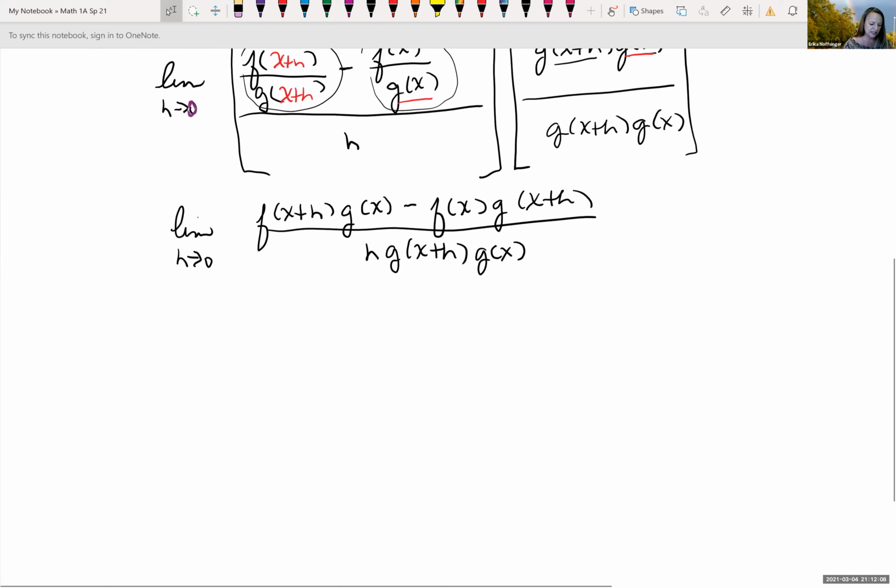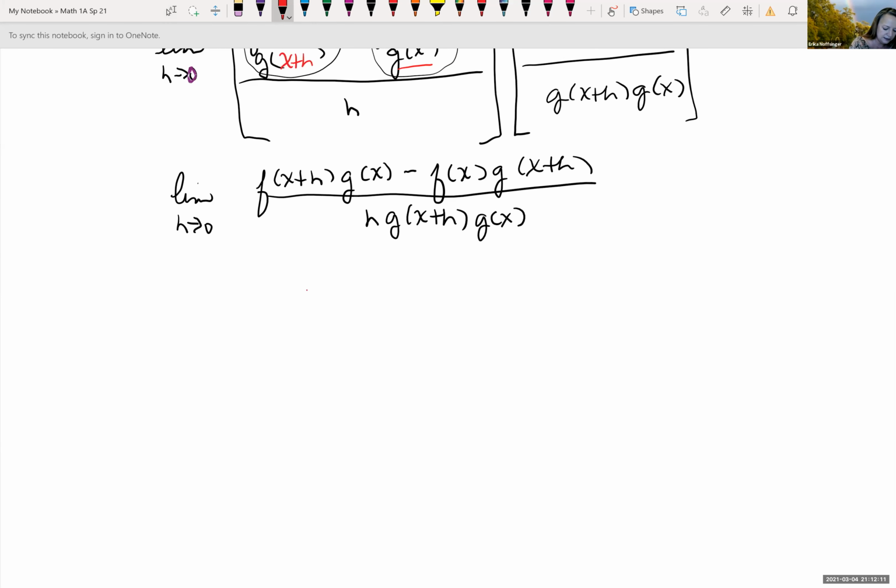And so in this case, we want to add and subtract the following term to the numerator, and that is going to be f of x times g of x. So if I'm adding and subtracting that, I'm adding just 0. And I'm going to put it in between these two groupings.